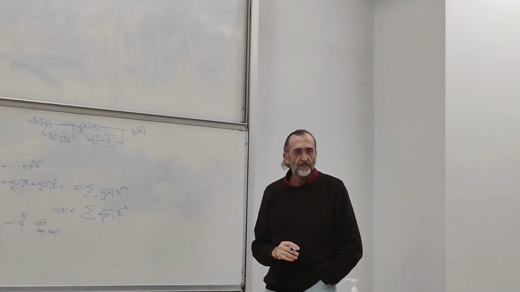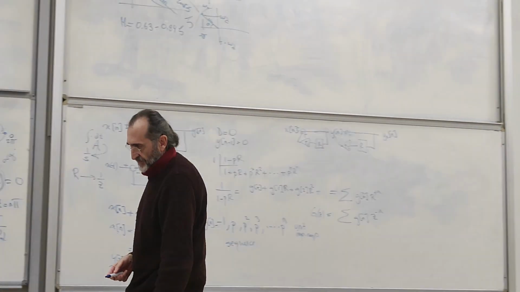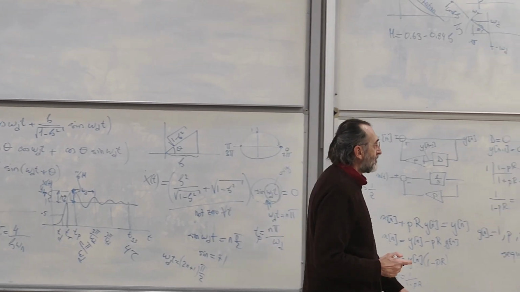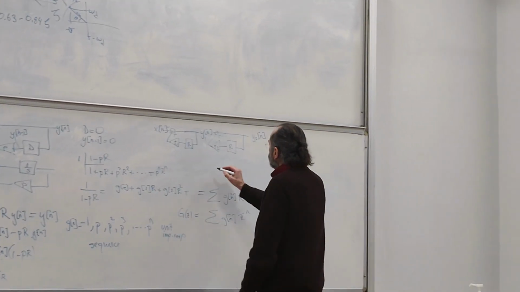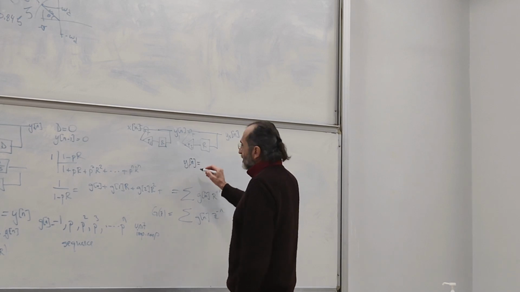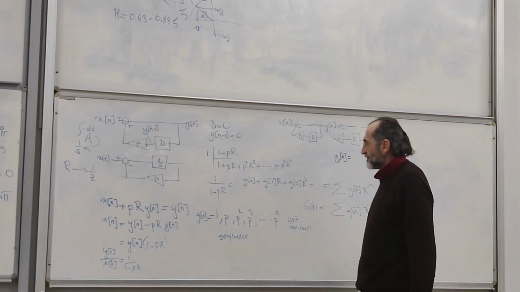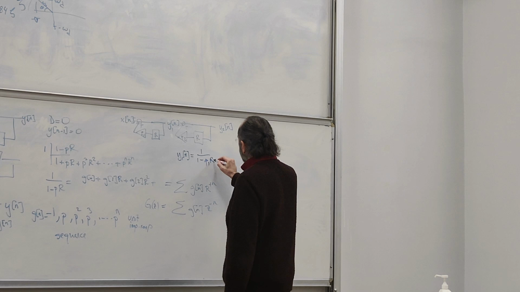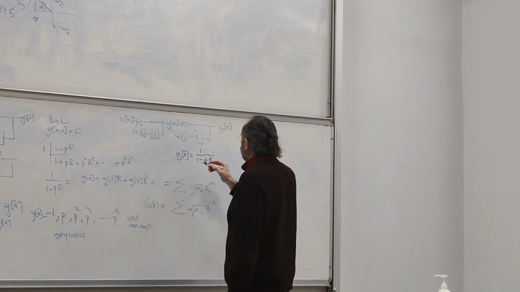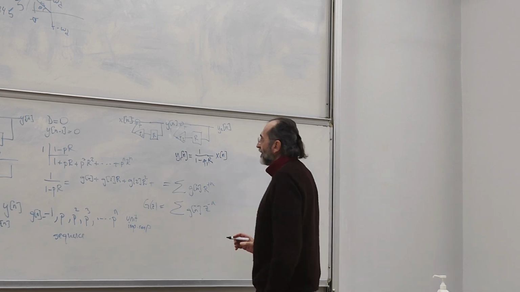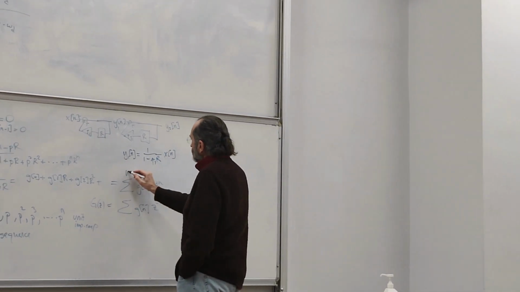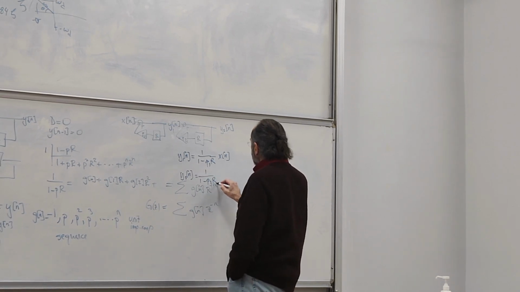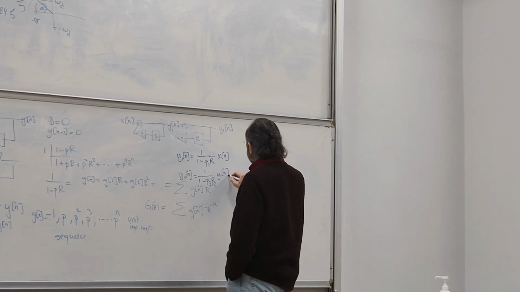Now what we have therefore is the following. y1 of n is equal to 1 over 1 minus p1R times x of n. And y2 of n is equal to 1 over 1 minus p2R times y1 of n. Just the same thing.